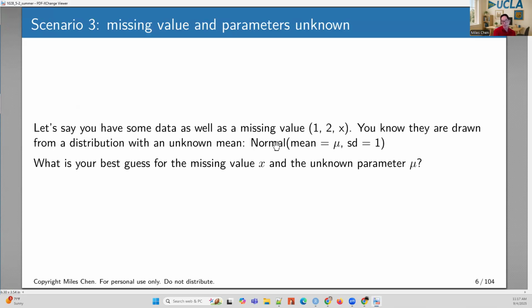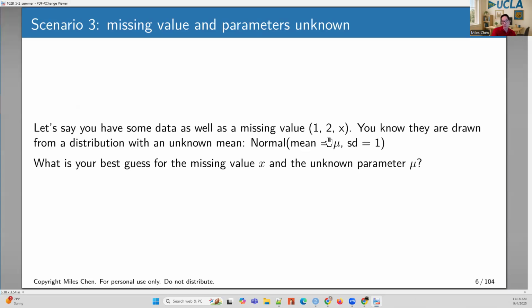Now let's say we're in a situation where we have both missing values and a missing parameter. The parameter is unknown to us. So we have some data, the numbers 1, 2, and a missing value x. And we say these come from a normal distribution, but we don't know the mean of this distribution.